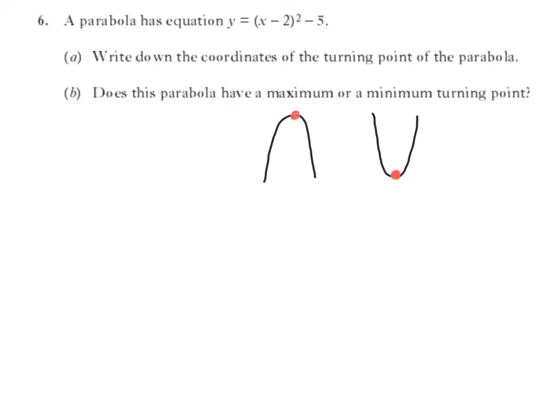If when squaring out the brackets the x squared term was negative, then we would get this shape here, which is a maximum turning point. It should be fairly obvious, even without setting down any working, that if you square out the bracket you will get a positive x squared term, which means our answer is in fact going to be this type. It's going to be a minimum turning point.